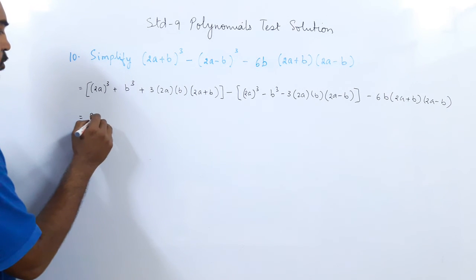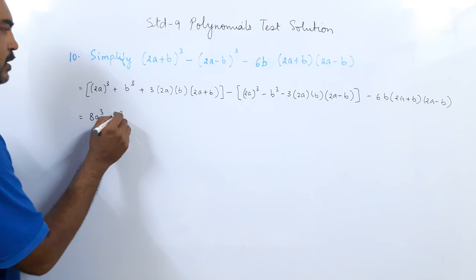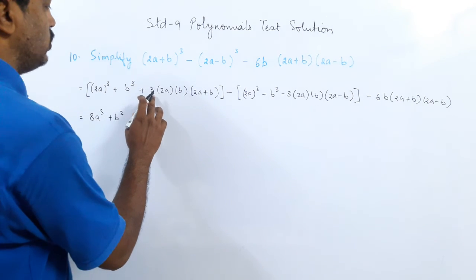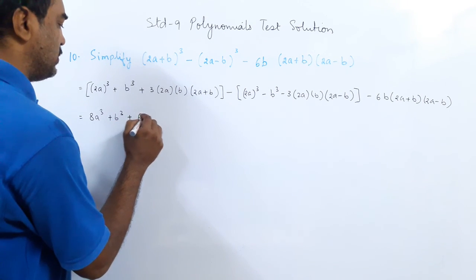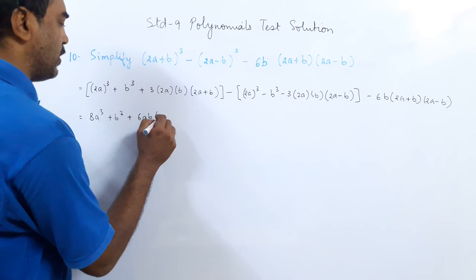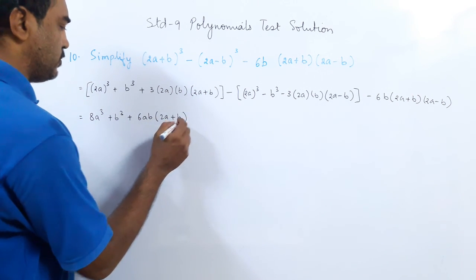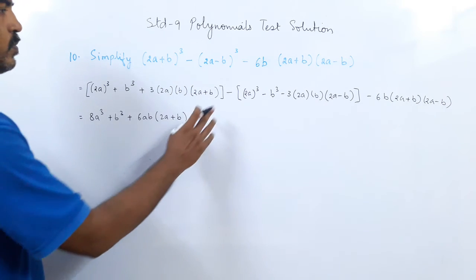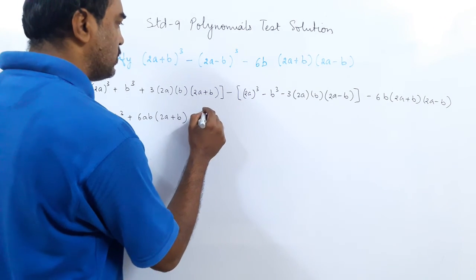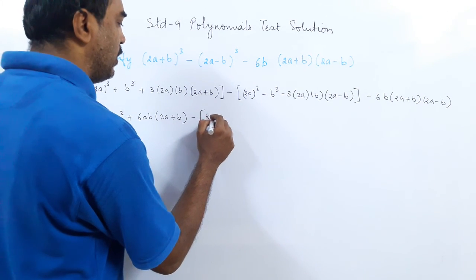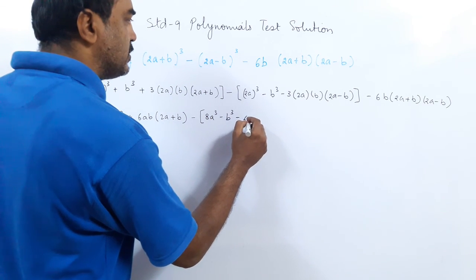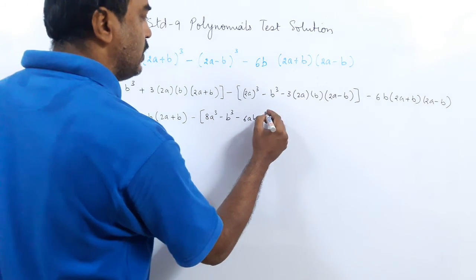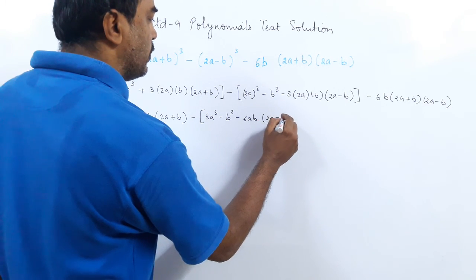We get 8a cube plus b cube, now this becomes plus 6ab into bracket 2a plus b. Okay, clear till here? This will get minus, I keep the bracket, 8a cube minus b cube minus 6ab into bracket 2a minus b.